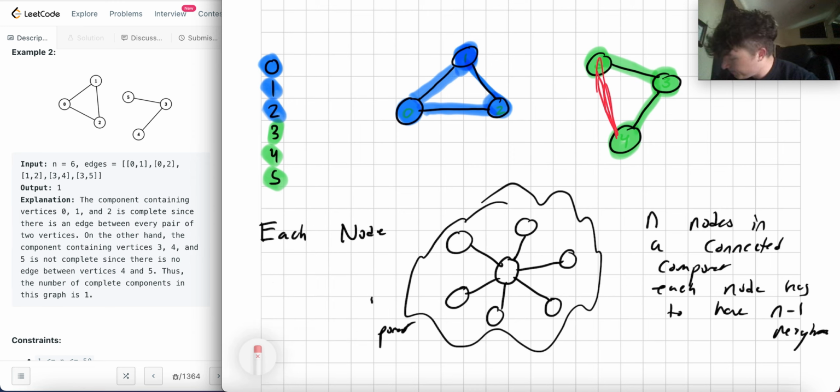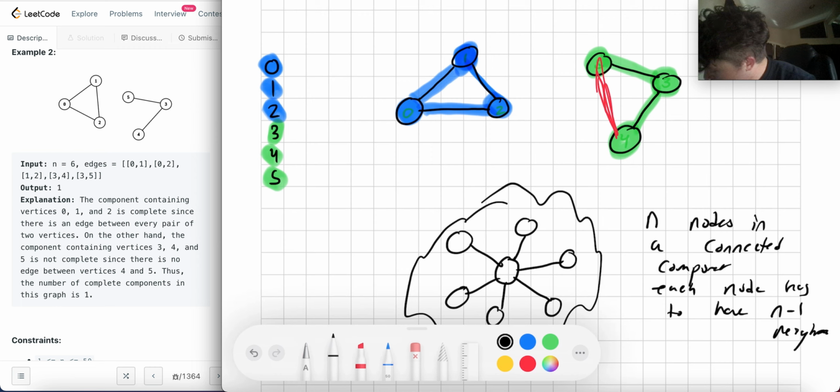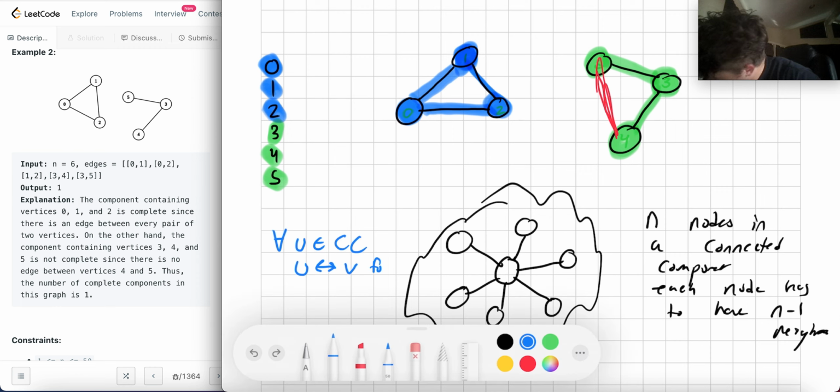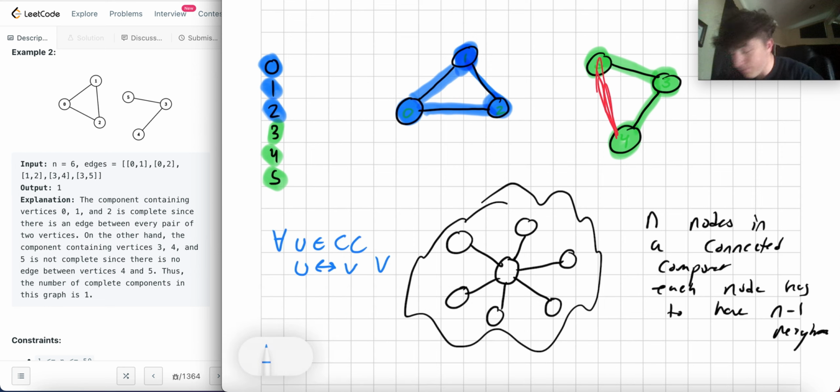So we'll do it in some math speak here. We'll say for all nodes U in the connected component, U must have a connection to V for all nodes V in the connected component, right?